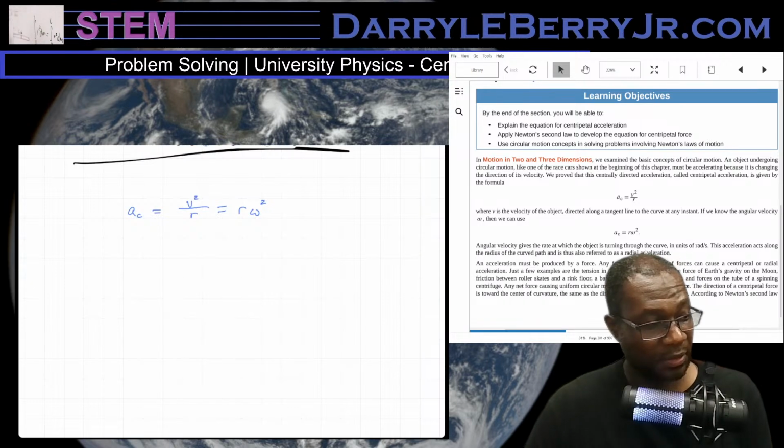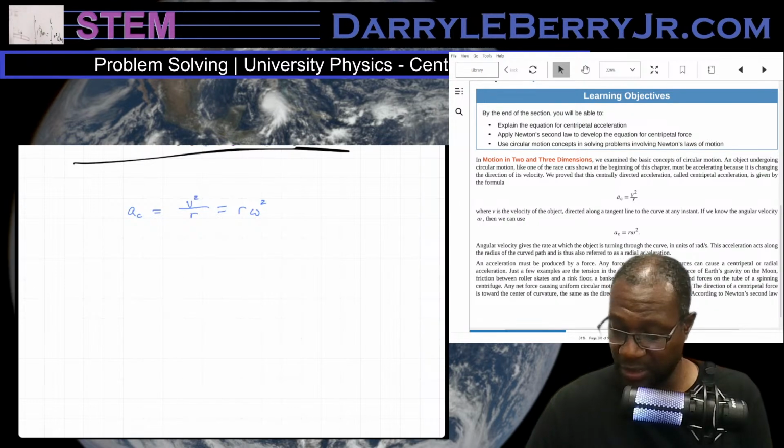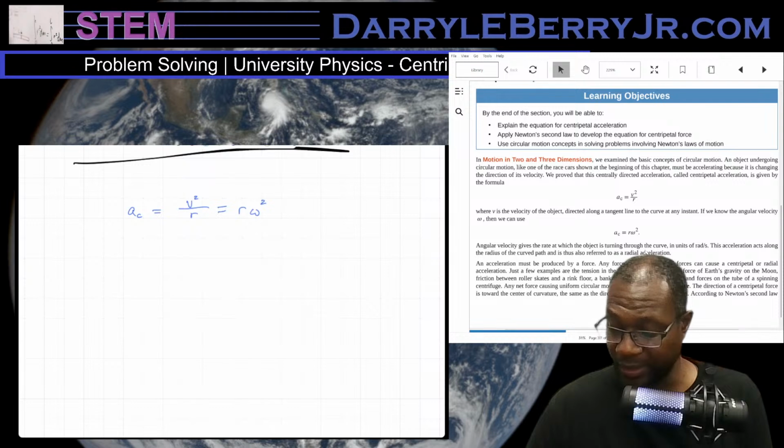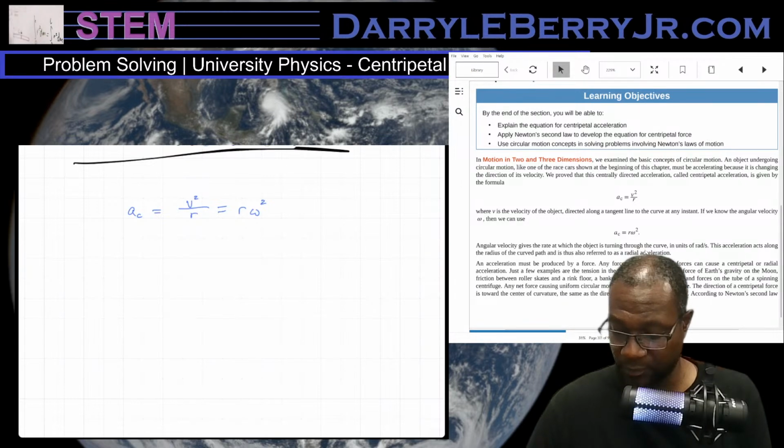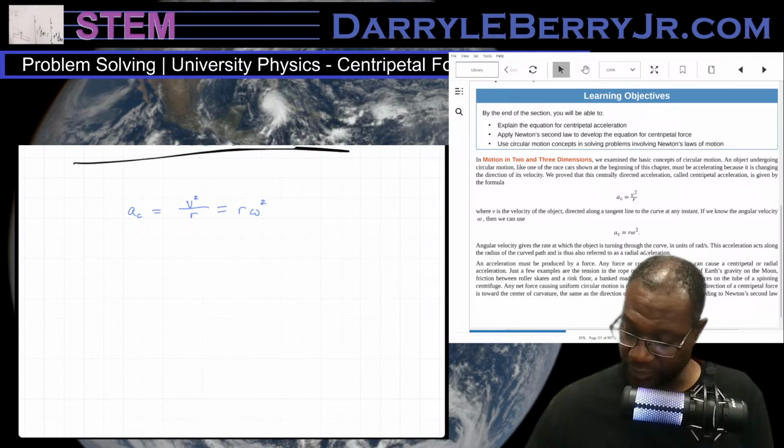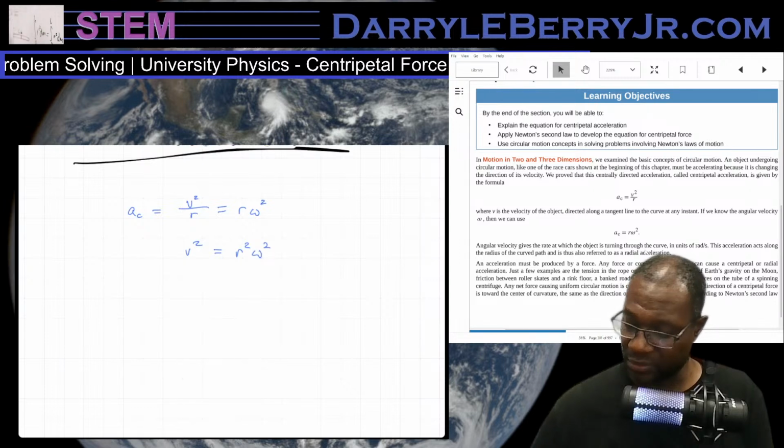So the centripetal acceleration is the radius times the angular frequency squared. And you can remember that we can multiply this over and say v squared is r squared omega squared.